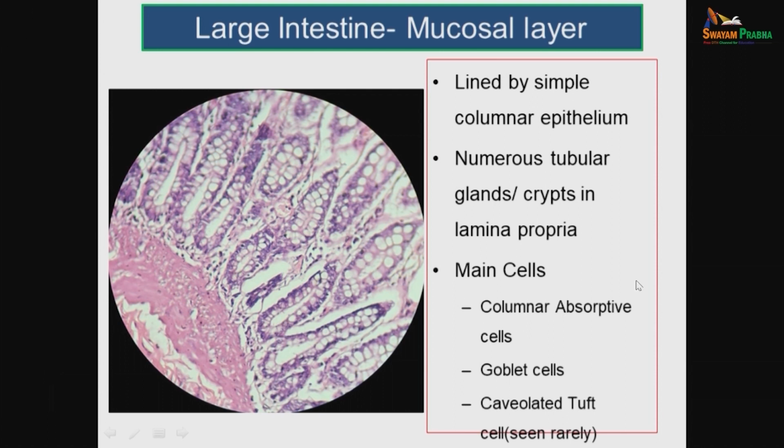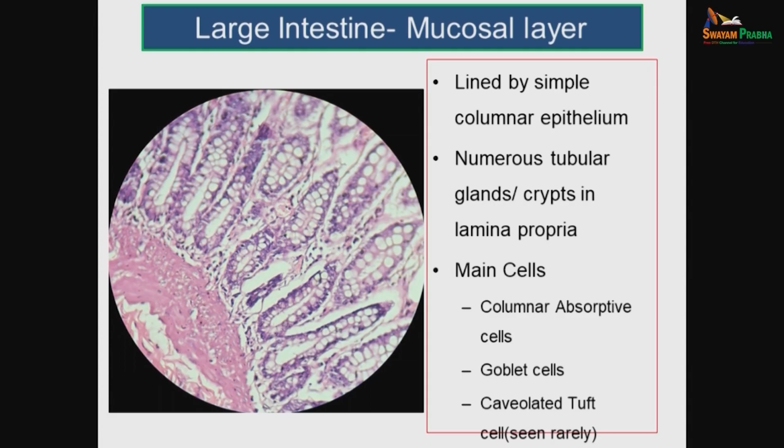The columnar cells, because their main function is absorption, have in the lateral aspect of their cell membrane a pump mechanism called sodium-potassium ATPase. The sodium-potassium ATPase is present in the lateral aspect of the plasma membrane. The pump functions in such a way that the water present in the lumen is absorbed and circulated into the system.